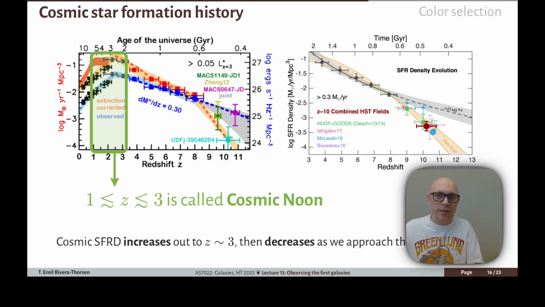And this is with JWST data. No, it's not. Sorry, this is the best we could do with HST before JWST. But it's getting hard to get many more data points here, because there simply just aren't that many galaxies that we can even observe here that we can get any kind of useful statistics out of them.